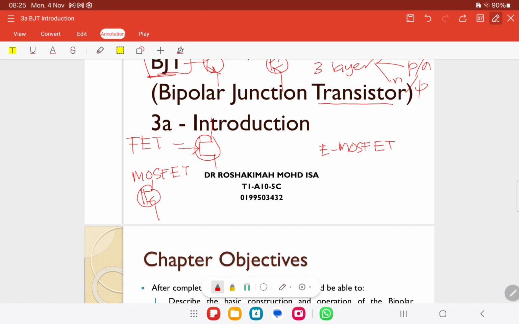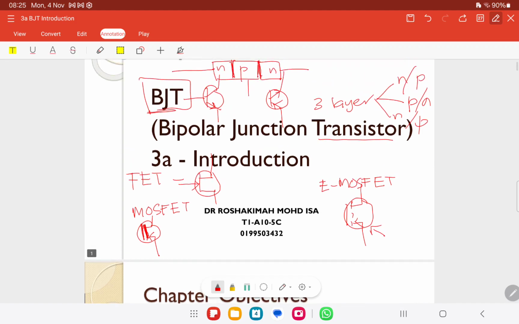MOSFET dia tambah enhancement. Okay, simbol dia lain sikit. Okay, this one dia line yang straight line. Okay, this one is dotted line. For MOSFET dia dotted line. Okay, dia ada lagi MATFET, depletion MOSFET. What else? Okay, itu antara yang basic.